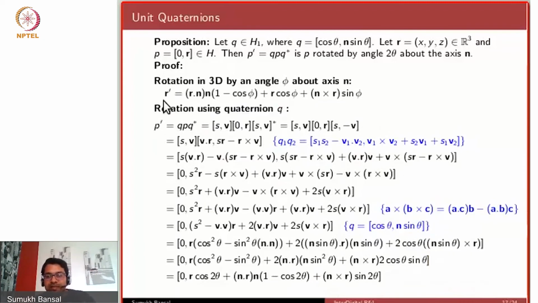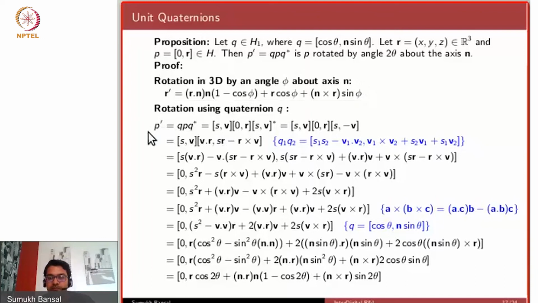Now this is the rotation which we get after rotating the vector r by an angle phi about an axis n. Now let's check what our quaternion multiplication provides using the definitions.